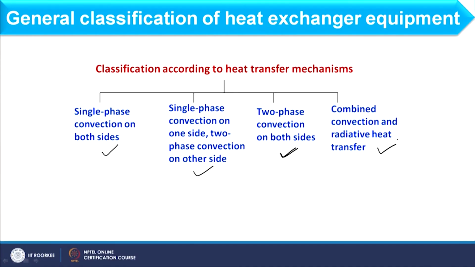And the fourth category in this classification is combined convection and radiative heat transfer. What will be the example of that? The example is a boiler. Initially we have the coal, and during combustion of coal, heat is generated. How is that heat transferred to the vapor side? That is done through radiation.